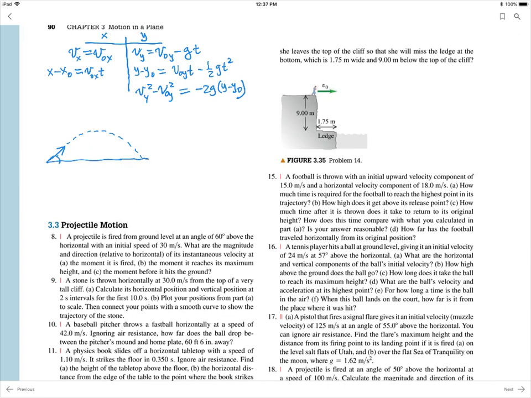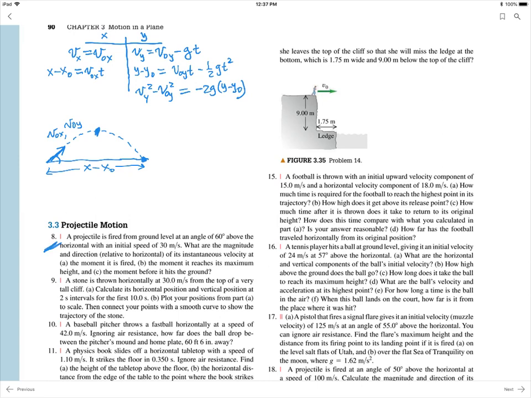And the angle will be given, so you can calculate V0x and V0y. And you can calculate the maximum height right there, total time of flight, how much time it takes to get there, and how much horizontal distance you can calculate, x minus x0. So that's the range. And that's one type of problem.